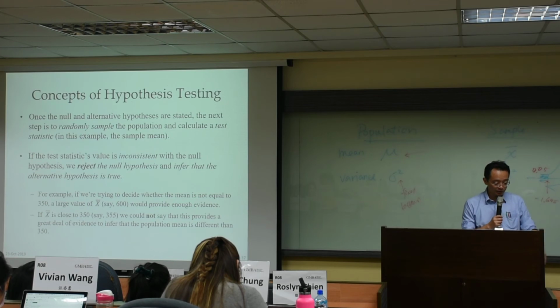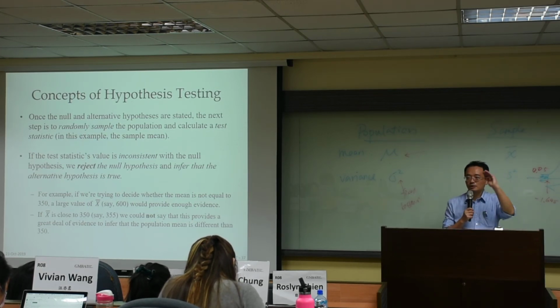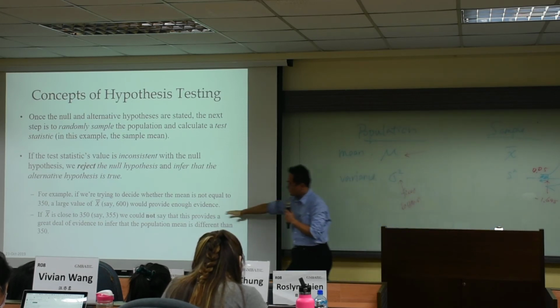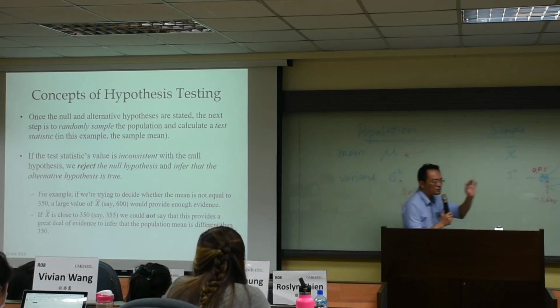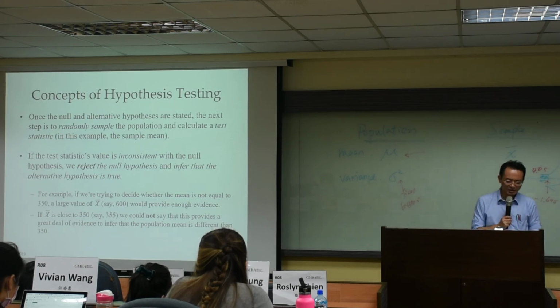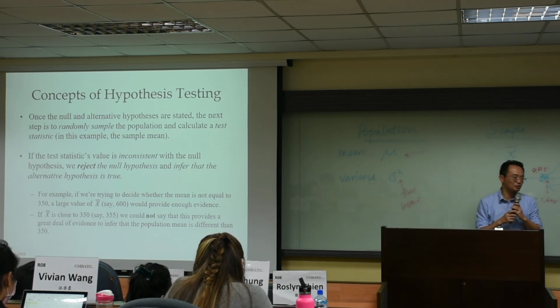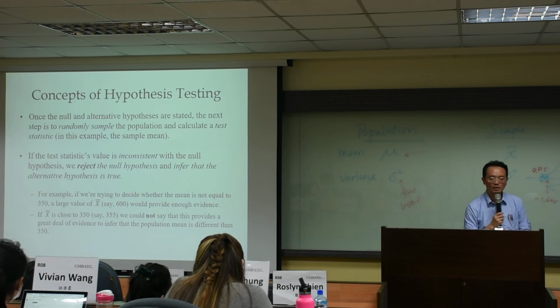A large value of X bar, say 600, is much larger than 350, so we may be quite confident saying mu does not equal 350. But if X bar is 355, just 5 above 350, we may not be so confident, because X bar may be close, so 350 could possibly be correct.